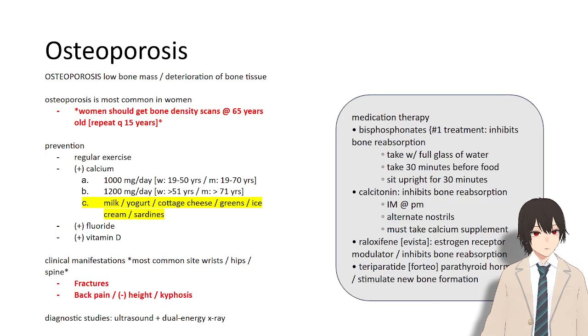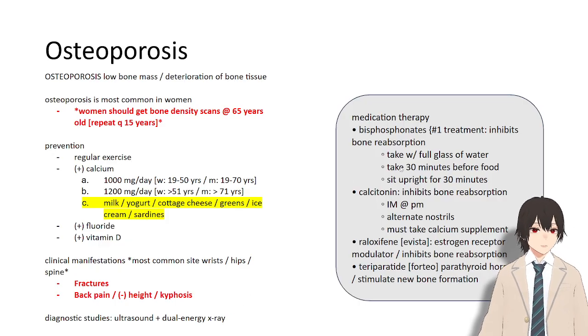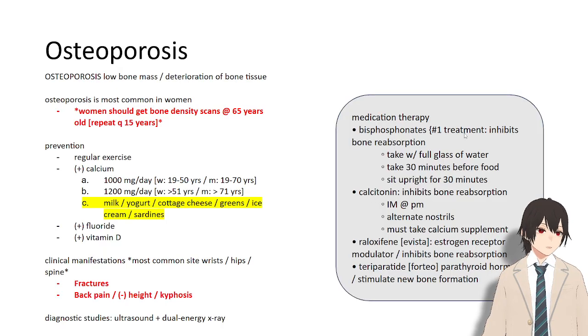Medication therapy, this is a little bit of pathophys, so I'll go into it a little bit here, but it's kind of important. So bisphosphonates are basically the number one treatment in inhibiting bone resorption, right? Because phosphorus and calcium have a negative relationship. I believe we covered that in my first video.